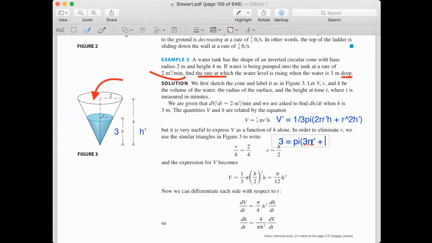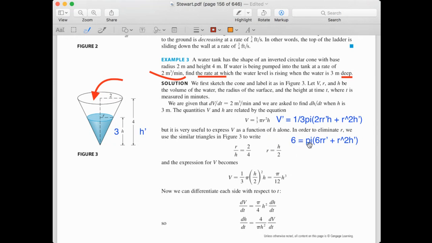Hold on a second, I don't have a 2 on r squared. So I have 2 times 3, I have 6 here, since h is 3. 6 r prime. I don't know r prime yet, but I'm going to find it. And r squared, I don't know either, and h prime. Okay, so far we're able to come up with this equation.